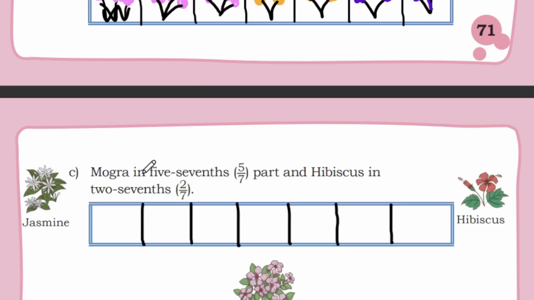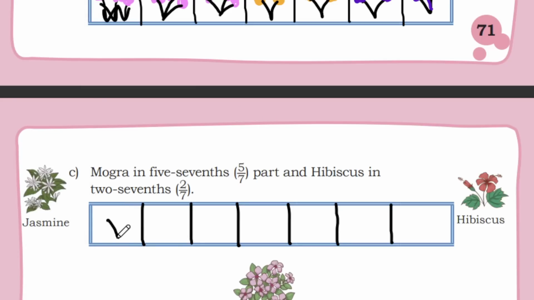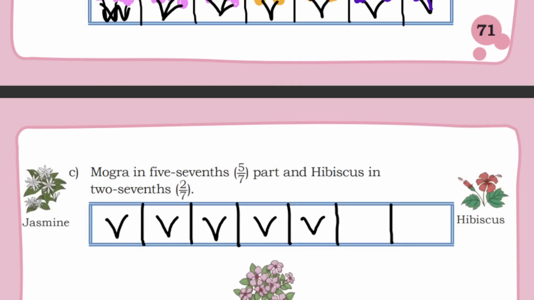Okay, morga. Okay, 7, 5 parts. 4 and 5. I'll do it in maybe blue.